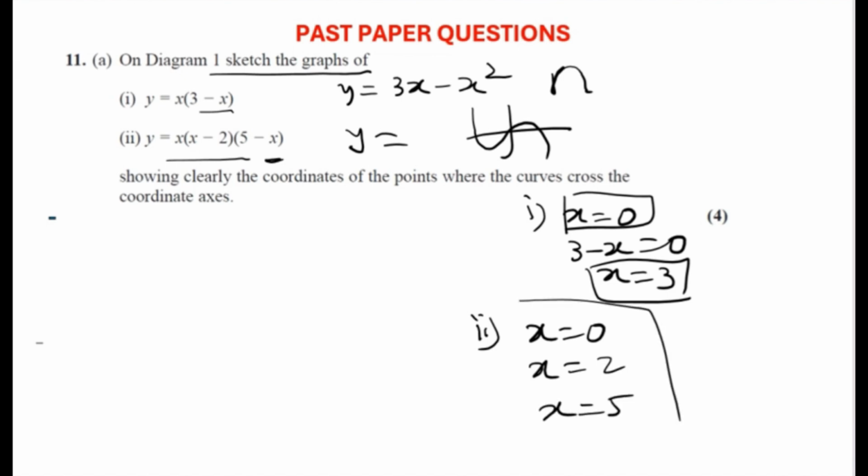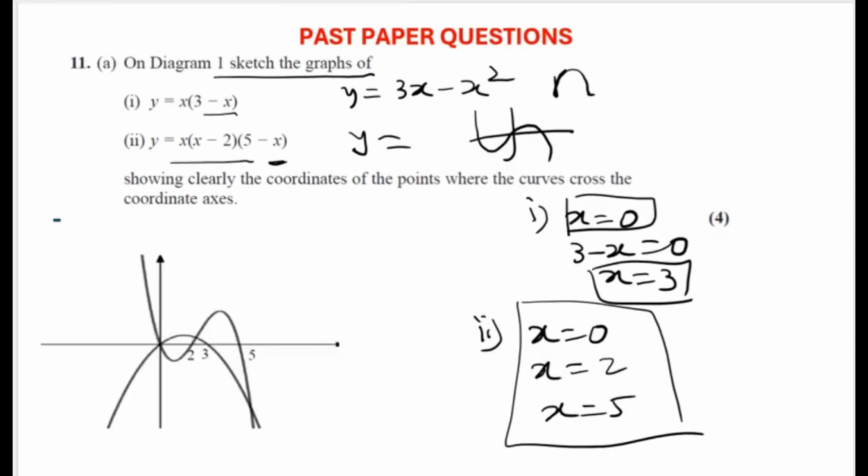That means we have 3 intersection points of function f(x). So it looks like this. This is our function, which is a cubic function. As you can see here, this is x is equal to 0, x is equal to 2 and x is equal to 5. So we have 3 intersection points: 1, 2 and 3.